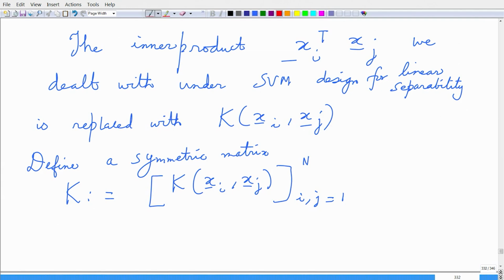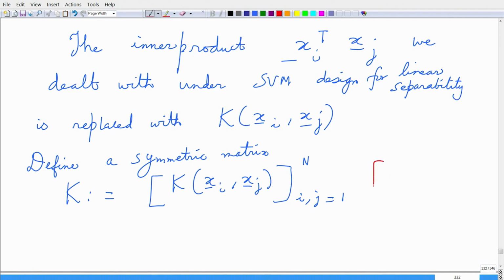Now, the inner product kernel, which is K of xi comma xj, can be computed for all pairs i and j from 1 to n, and you can straightforwardly verify that this is a symmetric matrix. The kernel is symmetric and this matrix is also symmetric.